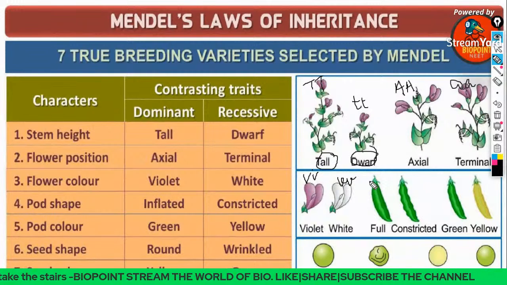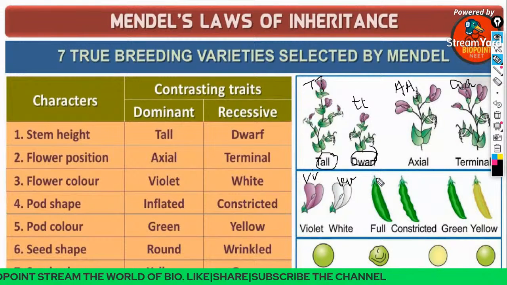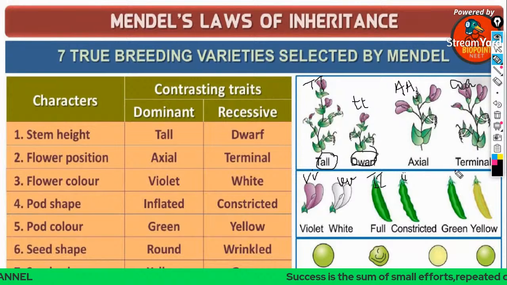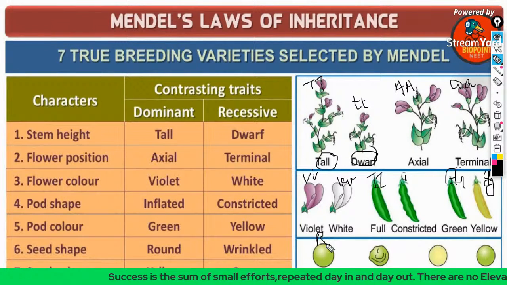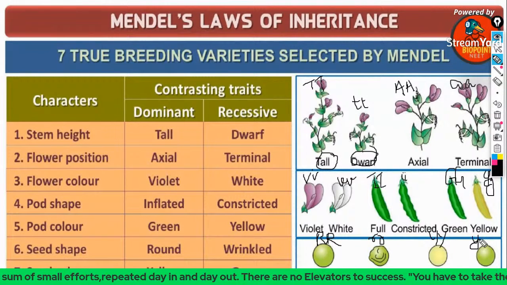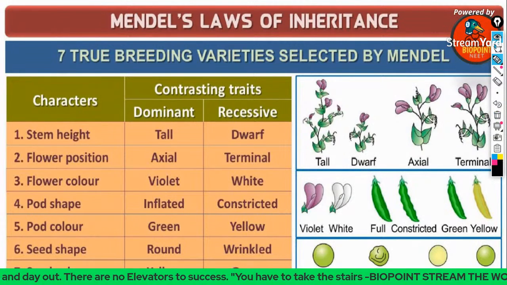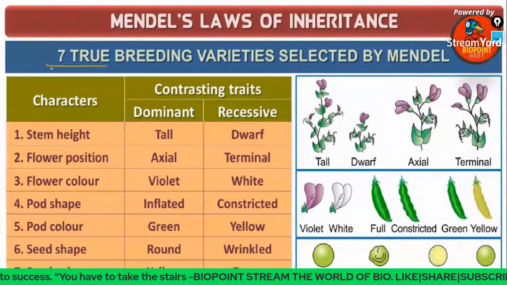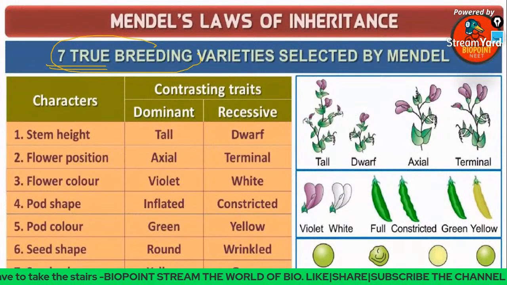Inflated is capital I, small i, or you can write capital C, small c. Capital G, small g; capital R, small r; capital Y, small y. This is how you represent each allele of the characters selected by Mendel as true-breeding varieties.